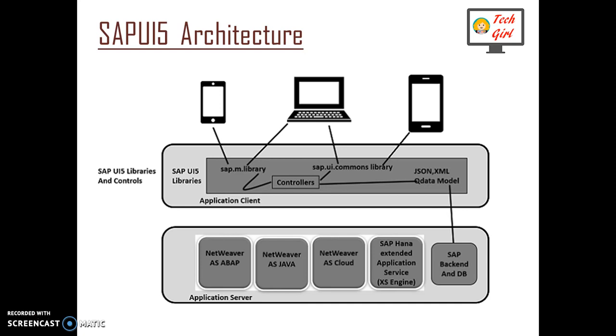So basically the main important thing is that sap.m library is a library which is used for mobile phones, and for desktops or laptops we use sap.ui.commons library. So this is the main part of SAPUI5 architecture and the controls.